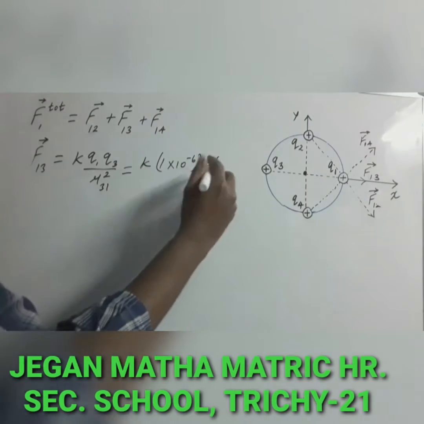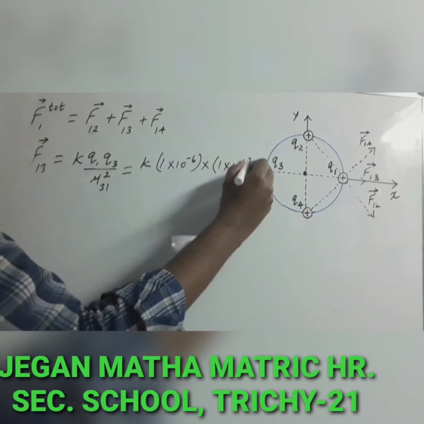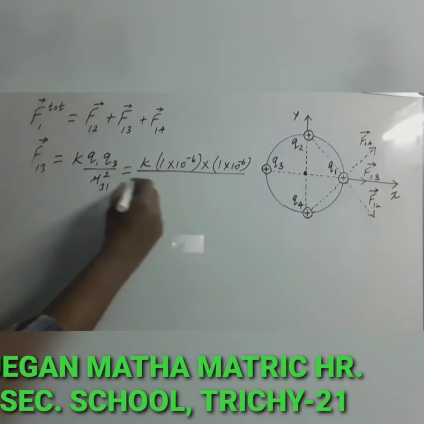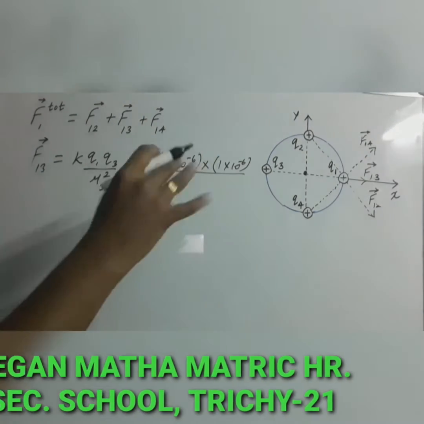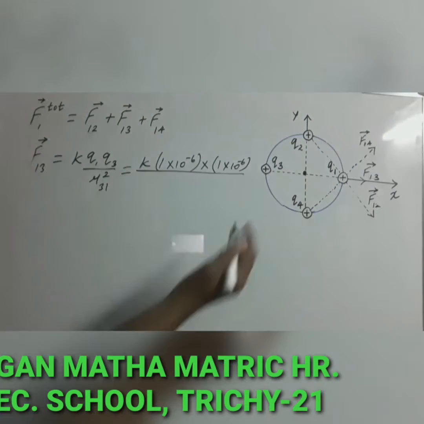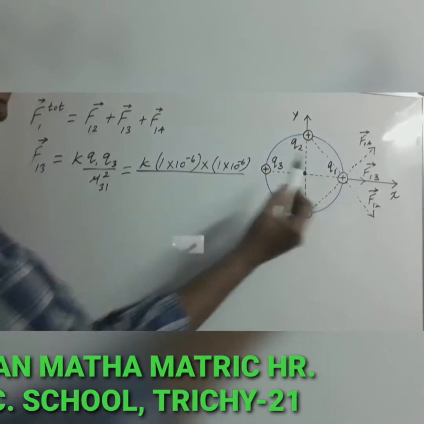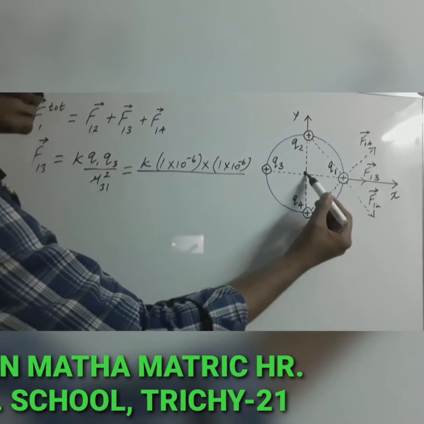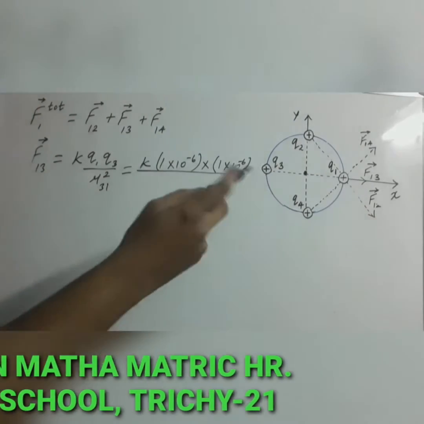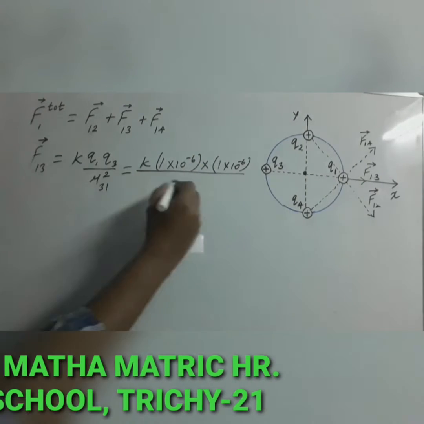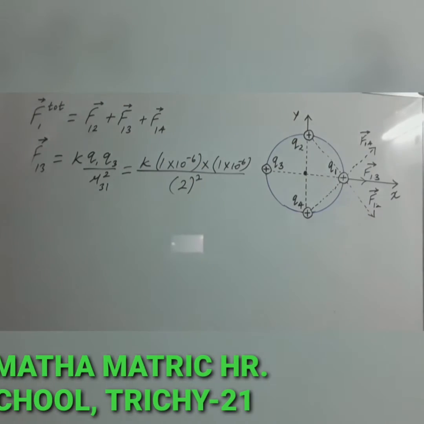Q3 also has the same magnitude, 1 into 10 to the power of minus 6, divided by R31. In the problem itself, they have given the radius of the circle, which is equal to 1 meter. From Q3 to the center it is 1 meter, and from the center to Q1 another 1 meter. So it is 2 meters. For the 2 meters, you have to take the square.